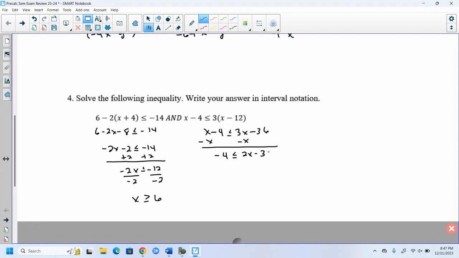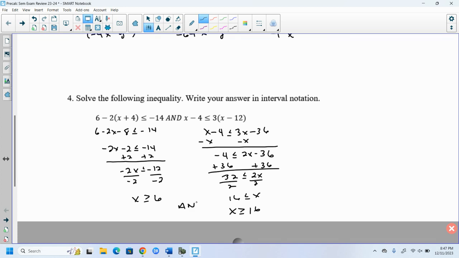Negative 4 is less than or equal to 2x minus 36. Add 36. 32 is less than or equal to 2x, divided by 2. 16 is less than or equal to x, which means that x is greater than or equal to 16.